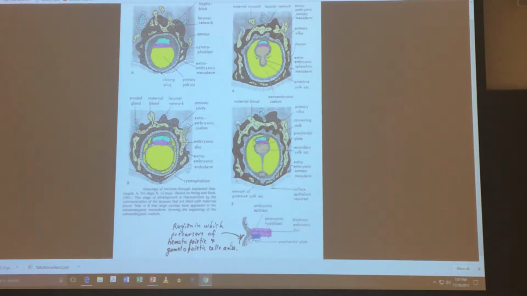And that's the region right near there is the region where the precursors for hematopoietic, that is blood cell formation, and for gametopoietic cells, that is the germ stem cells, that's where those are going to develop from. So you've got those precursors starting from outside the embryo proper.